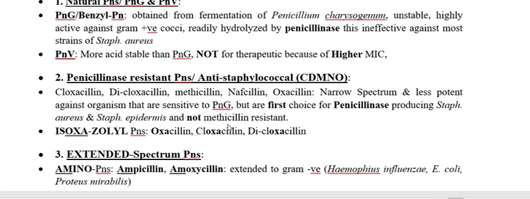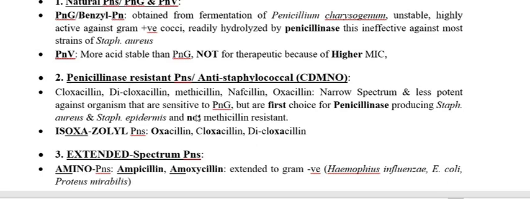So what is the benefit of this one? These penicillins, of course, are narrow spectrum. The negative point with these all is that they are narrow spectrum, but they are penicillinase resistant.